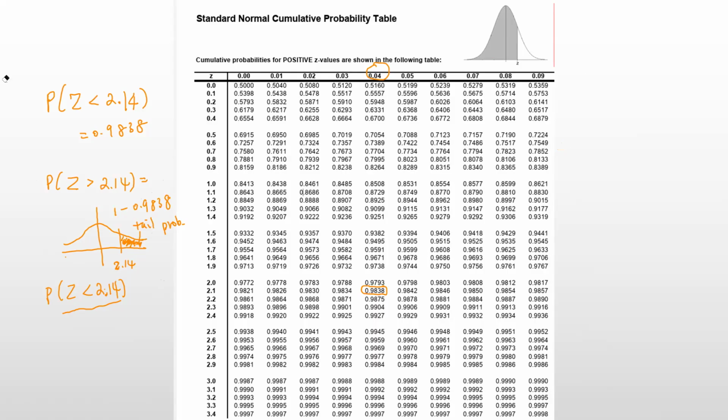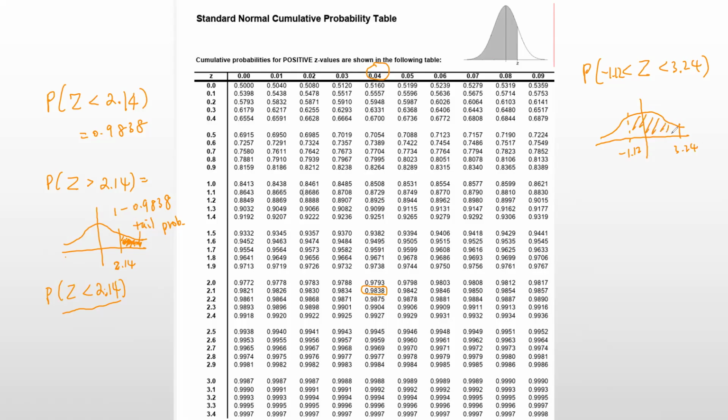How about the probability that z is greater than negative 1.12 and less than 3.24, just random numbers? You draw a curve. This curve's ugly, but I think it's okay. So negative 1.12 and 3.24.